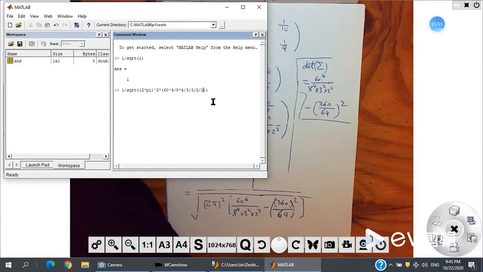Can I write in this way? Right, I divide it by 2 two times and divide by 3 also two times. Right, square. Okay, this is the first element, and then let me see. The second element will be this one minus, that is a square, inside is 360 over 64. Right? This is 64.